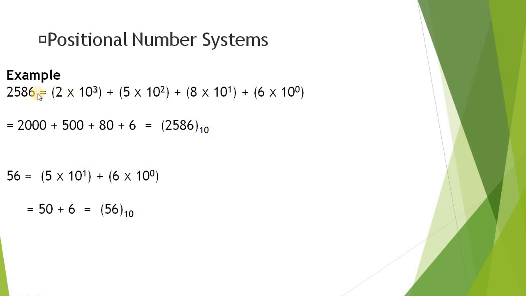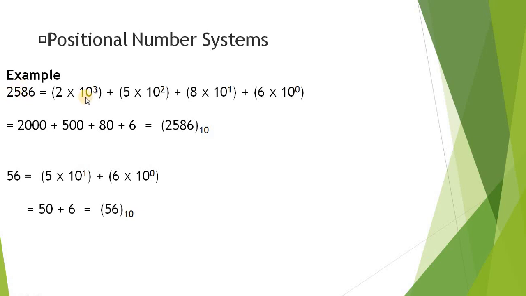So if you observe in this case, all these are the digits and these digits are placed in a specific placeholder, or we can say at a specific position. So 6 is placed at the unit position, 8 is positioned at the 10th position, 5 is present at the 100th position, and so on.